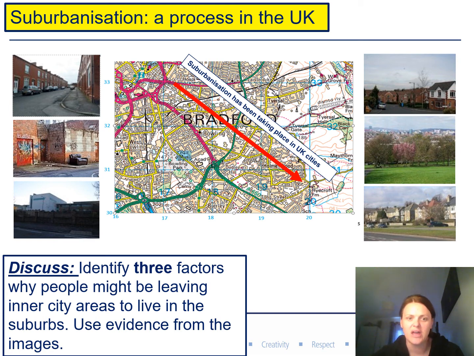Have a look at the pictures surrounding the map, and identify three factors why people might be leaving inner city areas to live in the suburbs. You can use the evidence from the pictures. So why are people leaving the inner city areas?